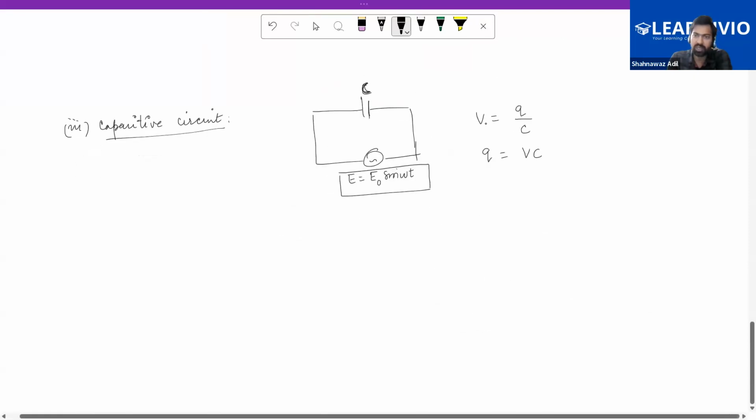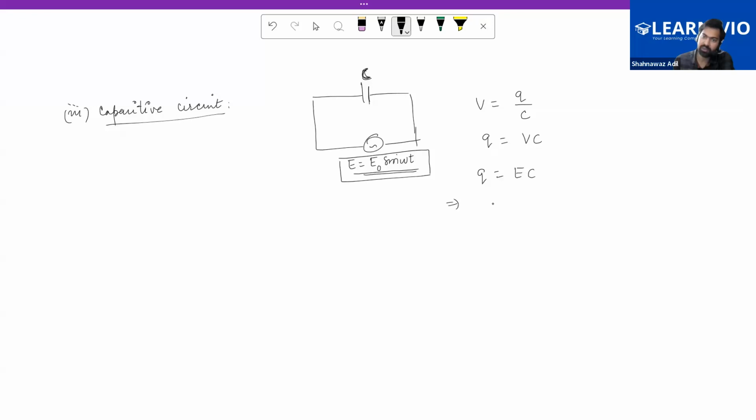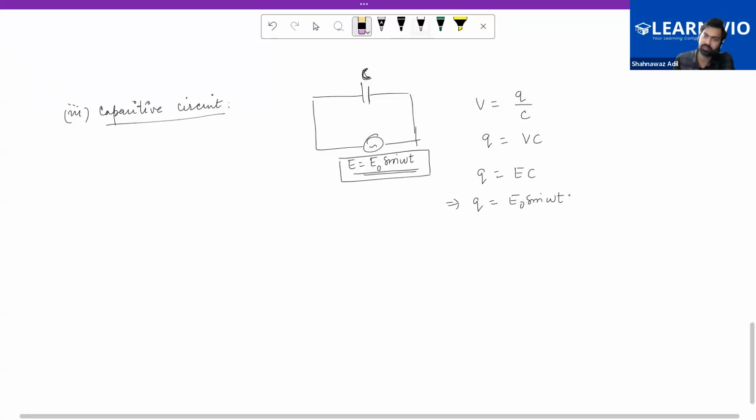So the voltage of the capacitive circuit is Q by C. And now we know the supply voltage that we are getting. So Q is CE, and this is E naught sine omega t, and then this is C, right? So the constant is this C.